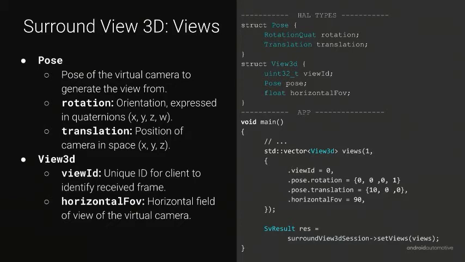This one basically has a unique ID to identify that view, and has a pose like we talked about, and also has an FOV defining how wide that view should be looking. And the vertical field of view is automatically computed based on the resolution.